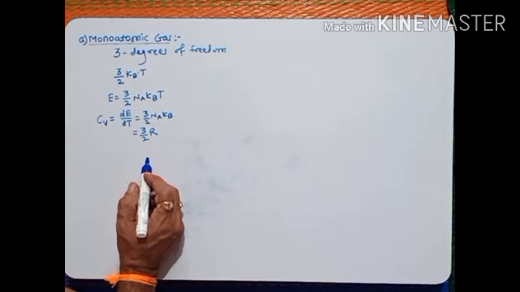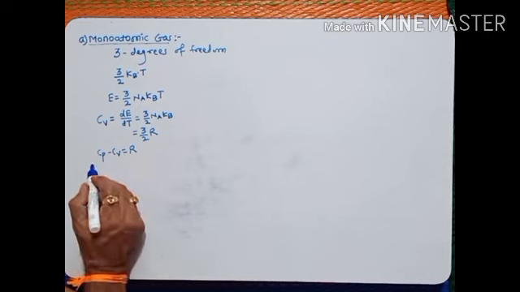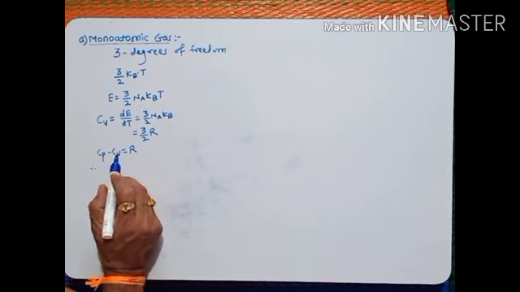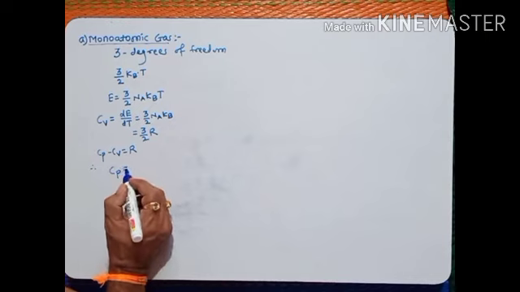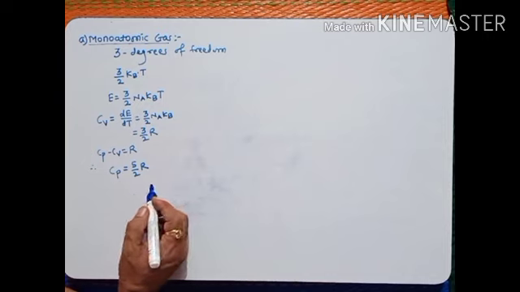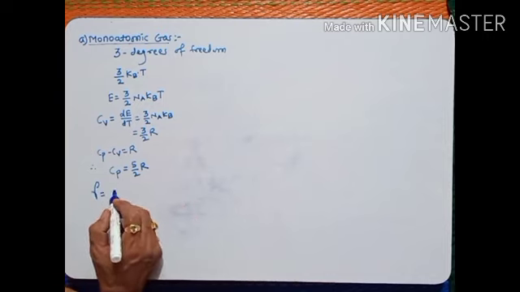Now you know that Cp minus Cv is equal to R, and therefore if we put the value of Cv here, we get Cp is equal to 5 by 2 R, and we obtain the ratio gamma. We call it the adiabatic constant.